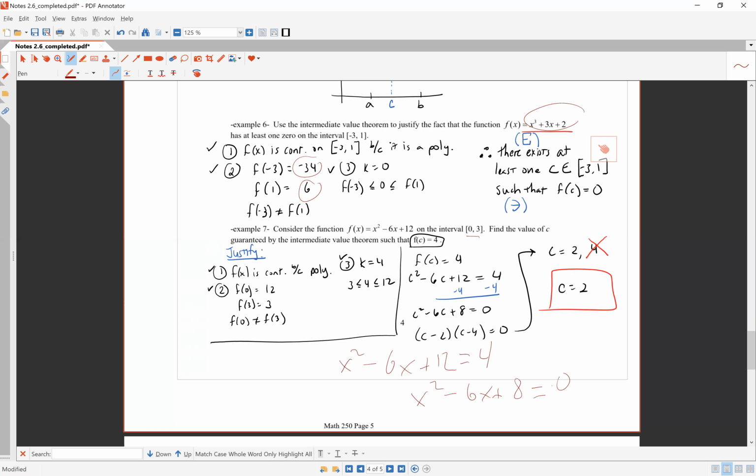And then when x is 3, you're actually getting -1. So f of 0 is positive, and f of 3 is negative. It's 17 minus 18, you get -1.